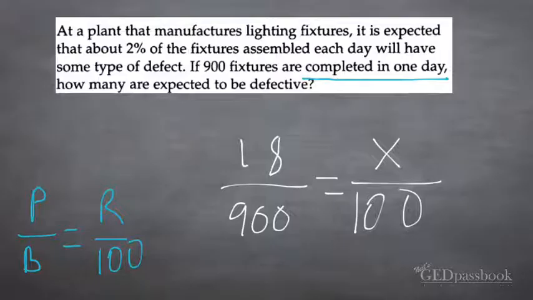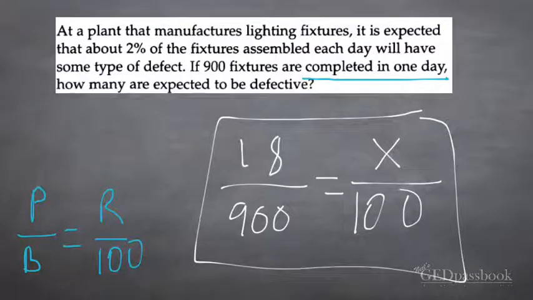They're always telling me, I don't see a percent, Neil. Is this a proportion problem like the ones we did yesterday? Because I don't see a physical number with a percent in it, right? And I tell them, well, sure you don't see it, but what is the question asking for, right? If the question asks, what is the percent of fixtures defective or whatever, it says it. They're flat out asking you in the question right at the end, what is the percent? It's up to you to know that, oh, in this specific example, they want me to look for the rate. They want me to look for the percent. Now it's all dependent on whether you got your part and base in the correct spot.